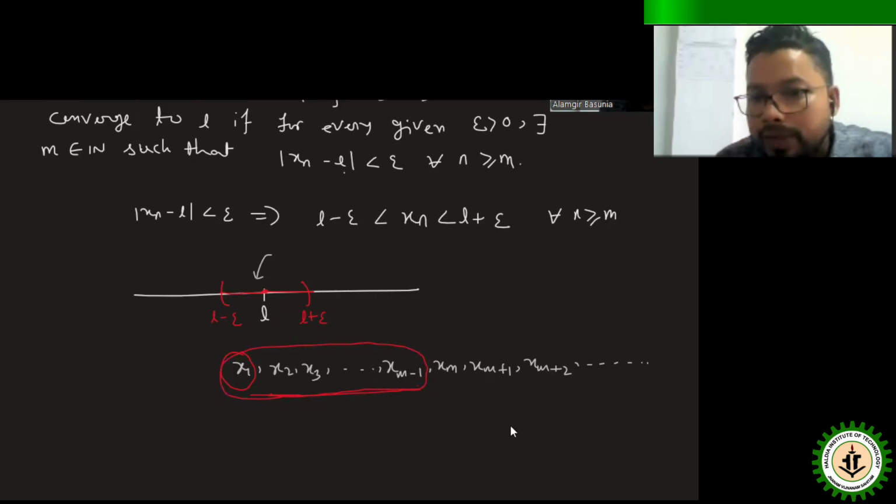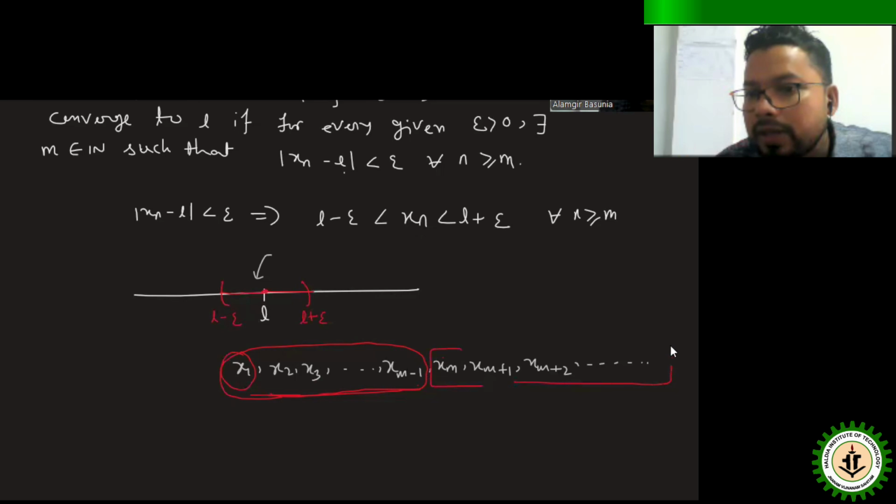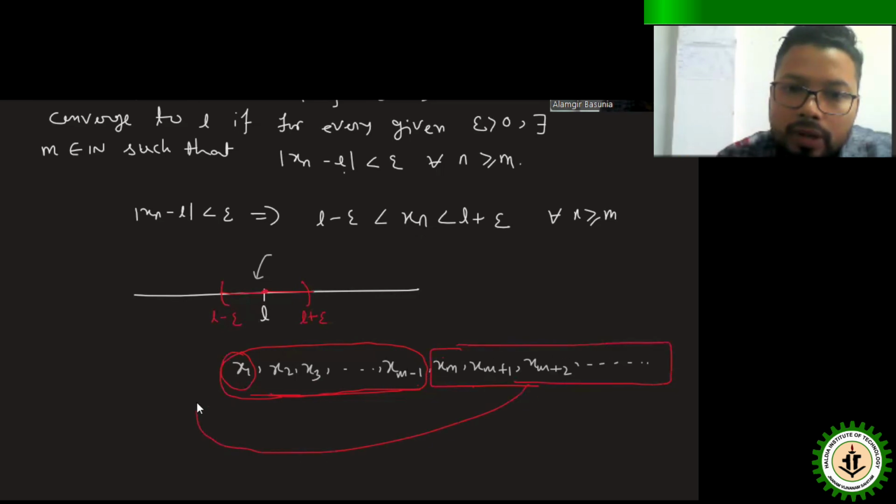But after those M minus 1 terms, starting from x_M, all the other remaining terms must belong only to L minus epsilon to L plus epsilon.